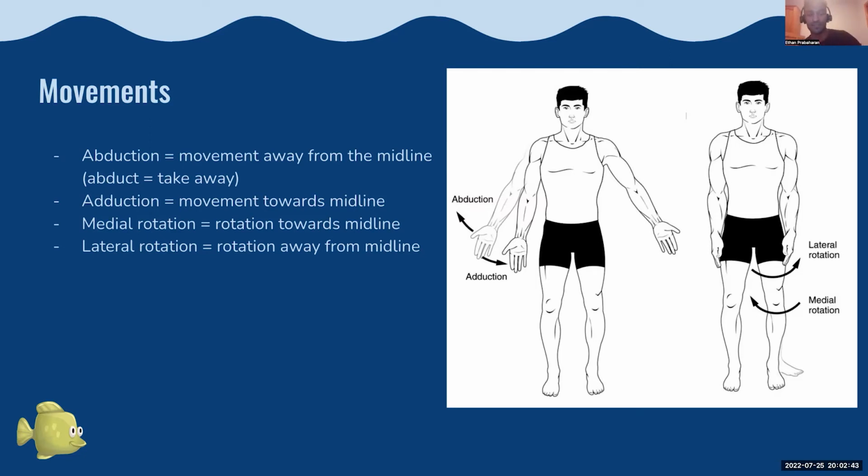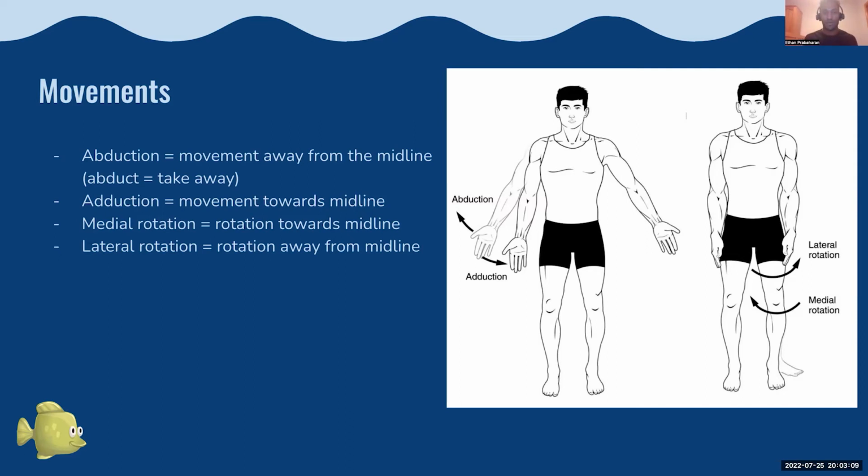Then we have medial and lateral rotation. As the name describes, just remember medial is towards the midline. So if I'm in my anatomical position with my palms facing forward, if I bend my thumbs in towards the midline, we describe that as medial rotation.